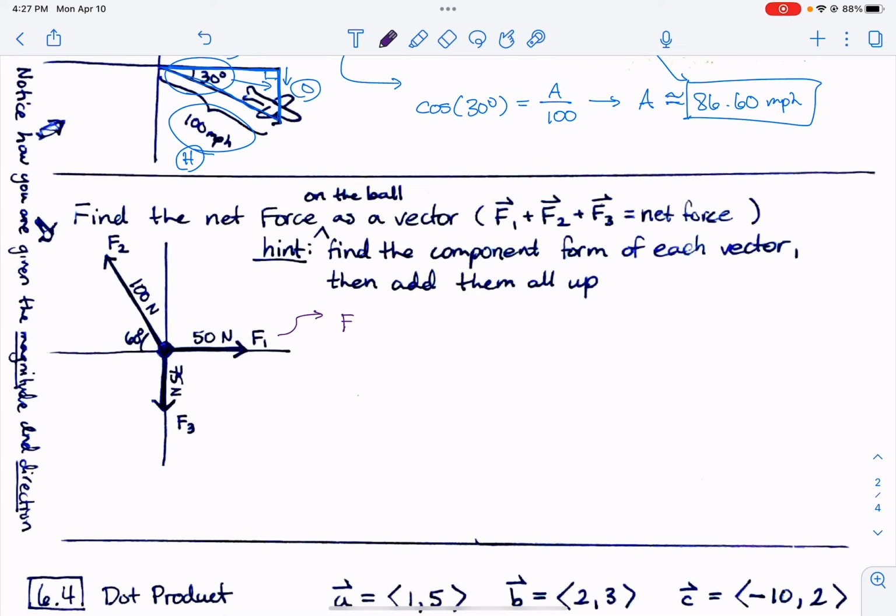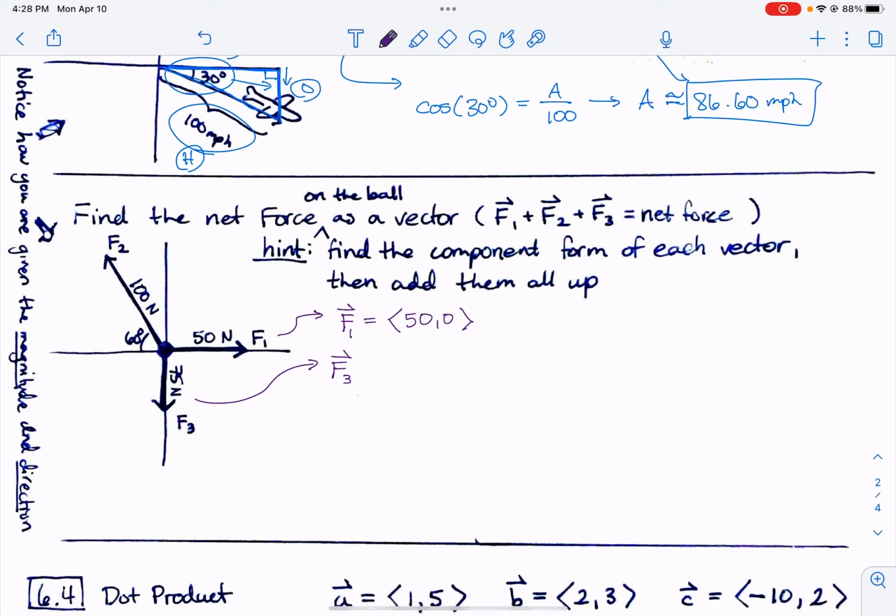So F1 as a vector, what does the component form look like? Well, it's an arrow pointing to the right along the x-axis. That means the component is just 50 comma 0, right? We're moving 50 units to the right and 0 units up or down. For this vector, F3, oh, that's F1, I should have written that.